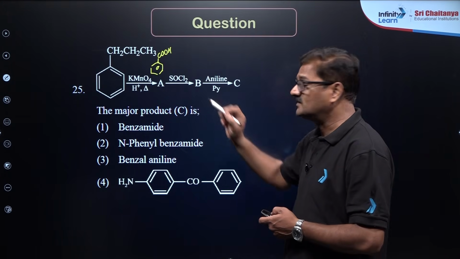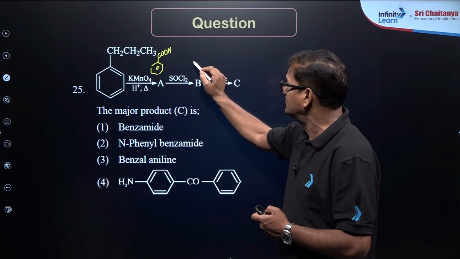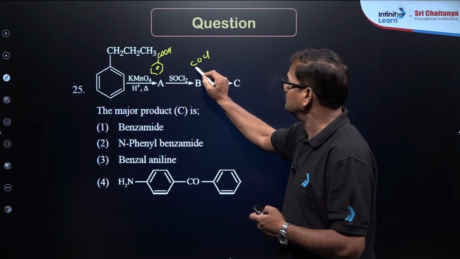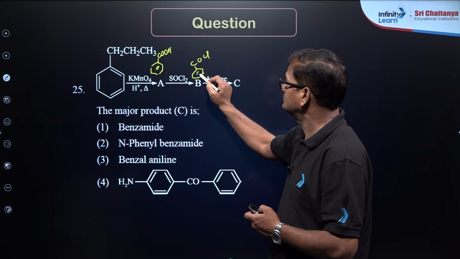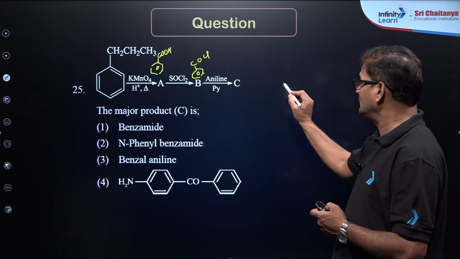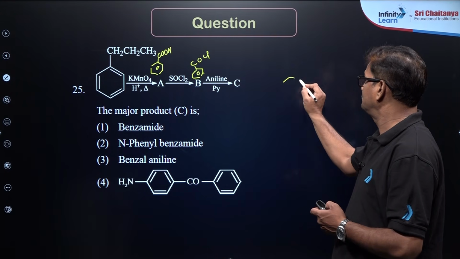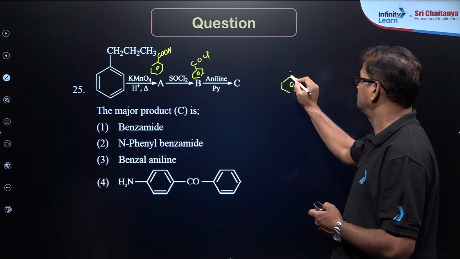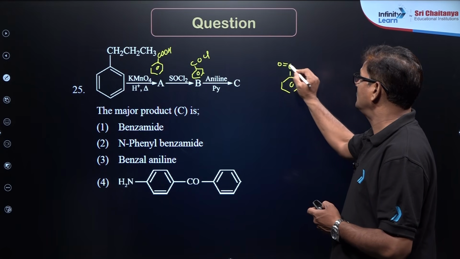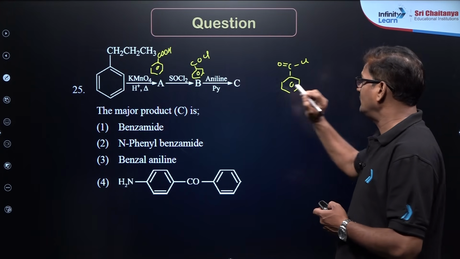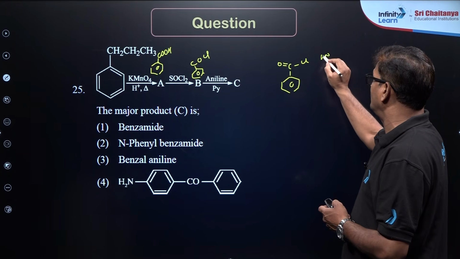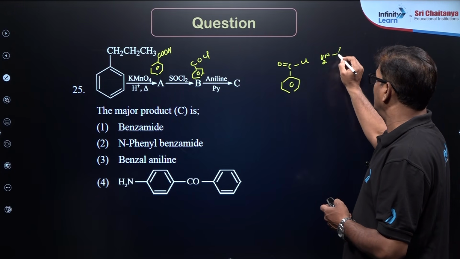When it is treated with thionyl chloride, you are going to get COCl. When you see this COCl, C double bond O Cl, it is treated with aniline in the presence of pyridine. This is your aniline.